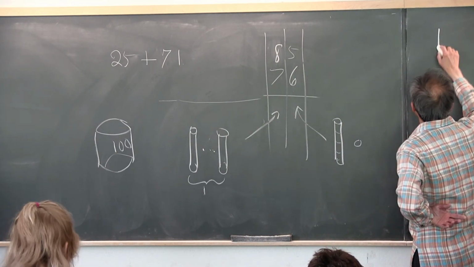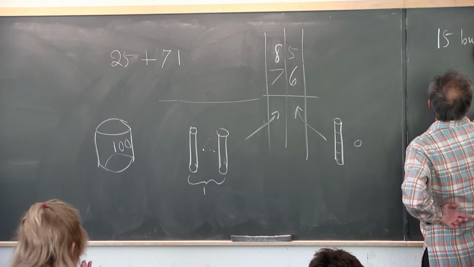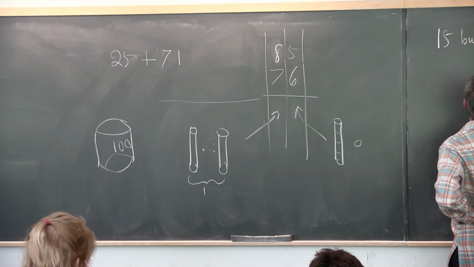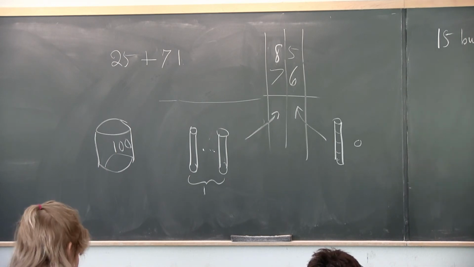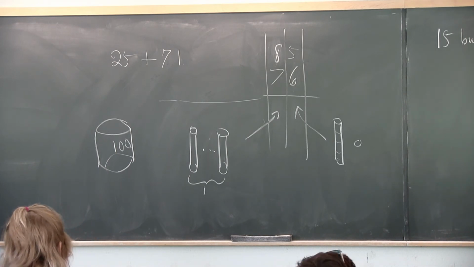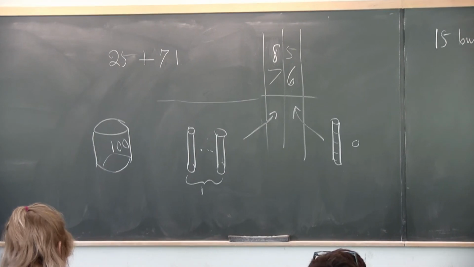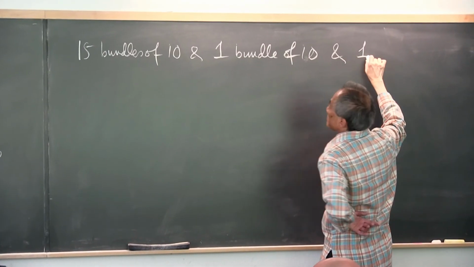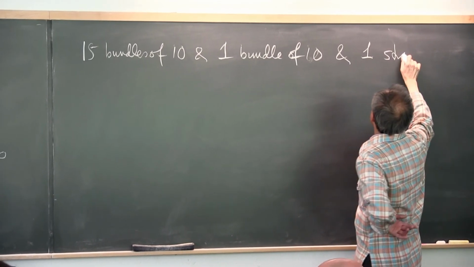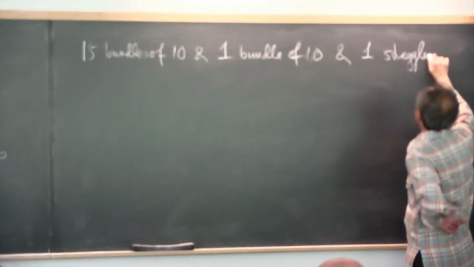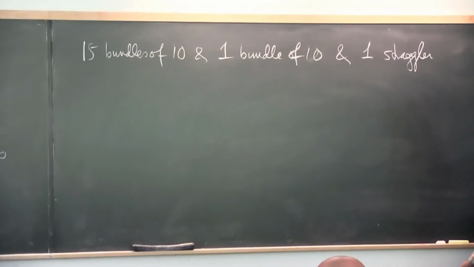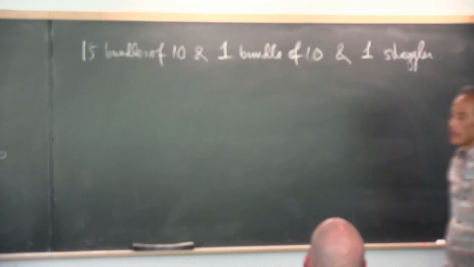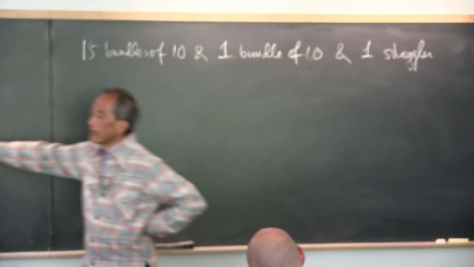So you will have 15 bundles of 10 and 1 more bundle of 10 and 1 stray one. Right? That's what we have.